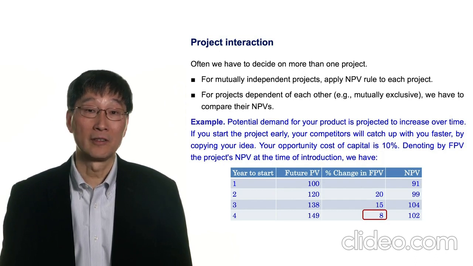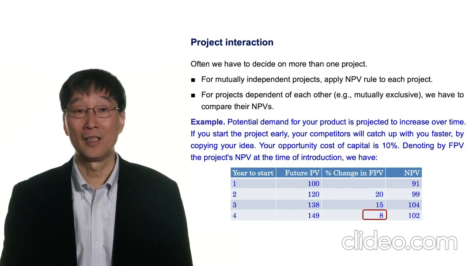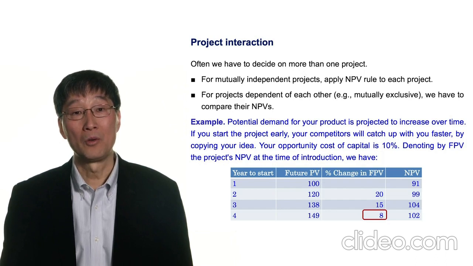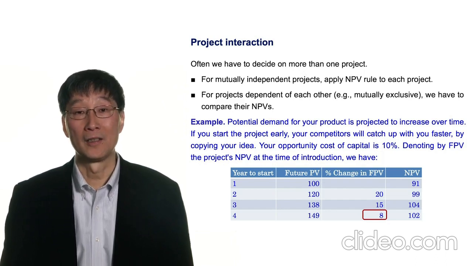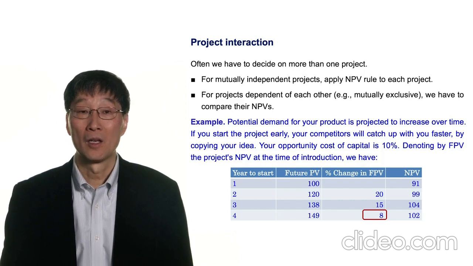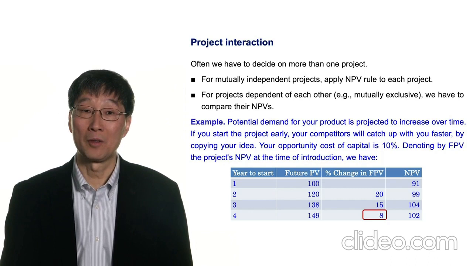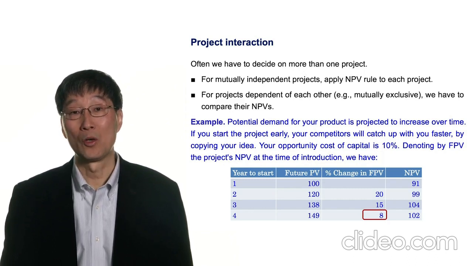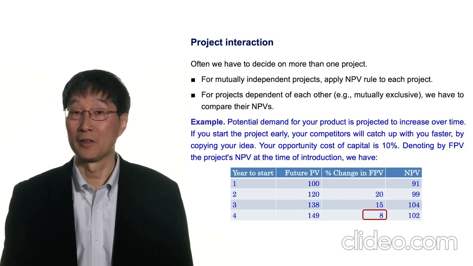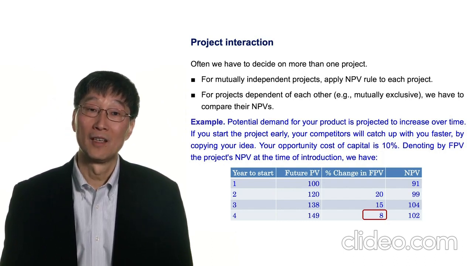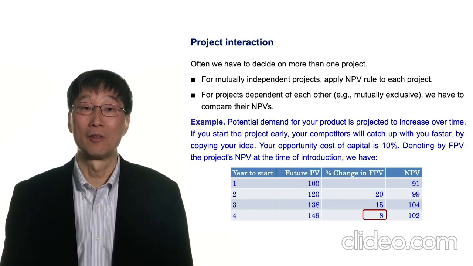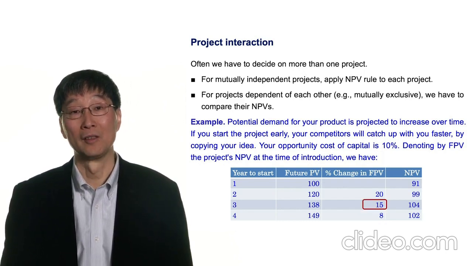We also know the cost of capital is 10%, which is the return on similar assets in the market. Therefore, waiting is desirable only if it yields a return higher than the cost of capital. Column 3 shows that the return from waiting is higher than 10% until year 3, while waiting from year 3 to year 4 is only 8%, lower than the cost of capital. This gives us the optimal time to launch the project, which is year 3.